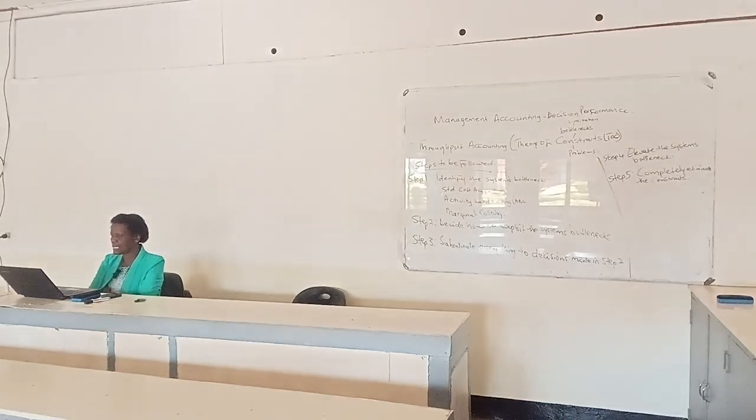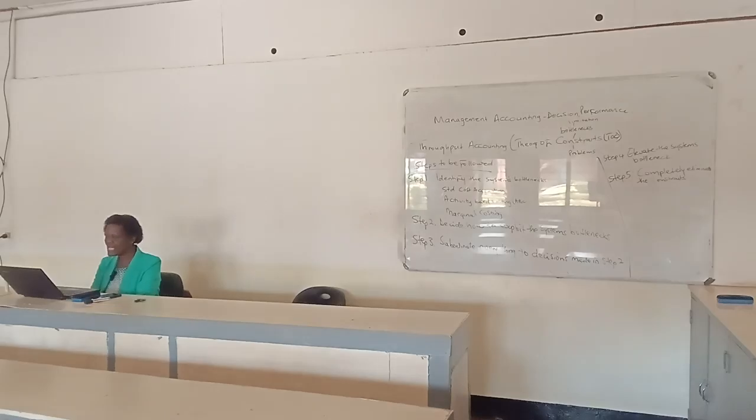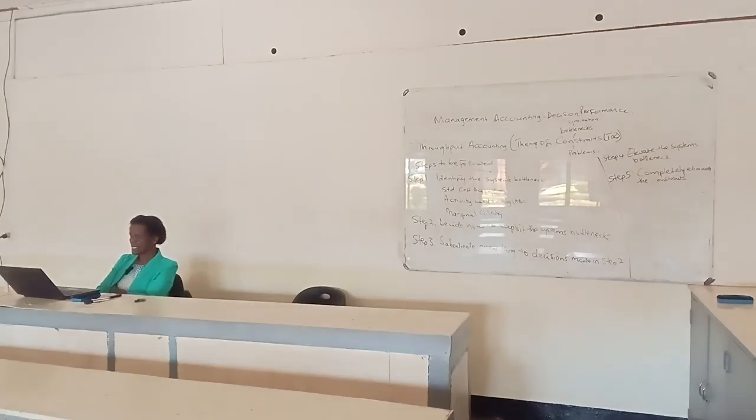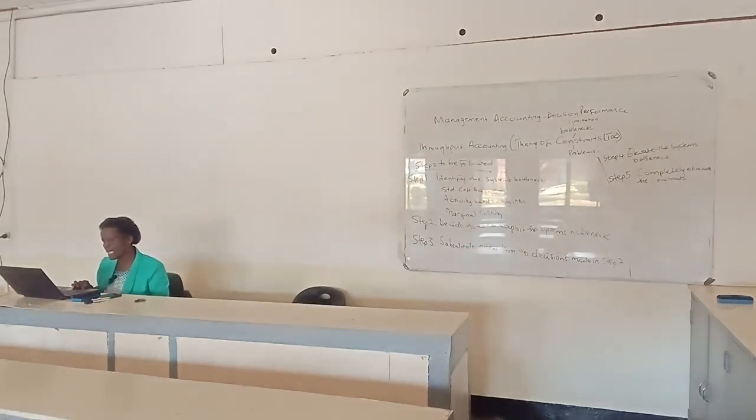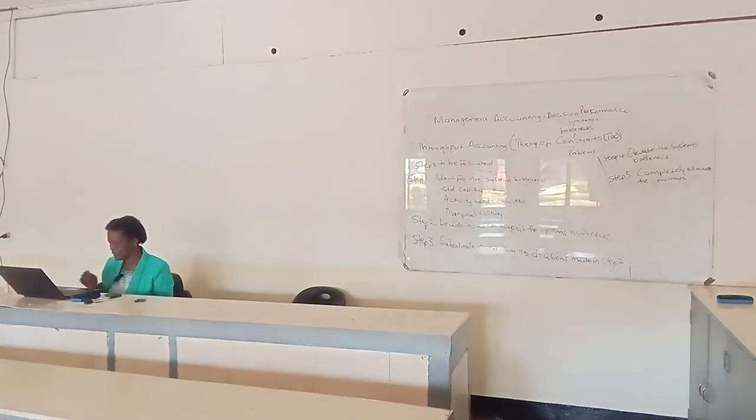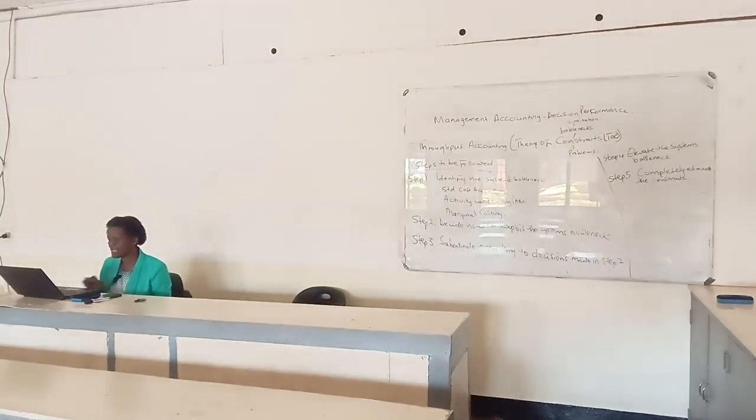So what they are telling us is that whatever the new bottleneck is, we should completely eradicate it and never let it be replaced by another constraint. So we should identify those limiting factors.